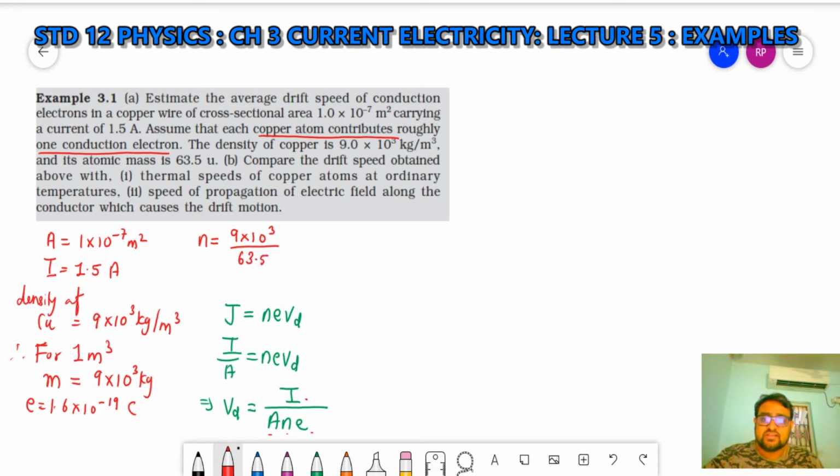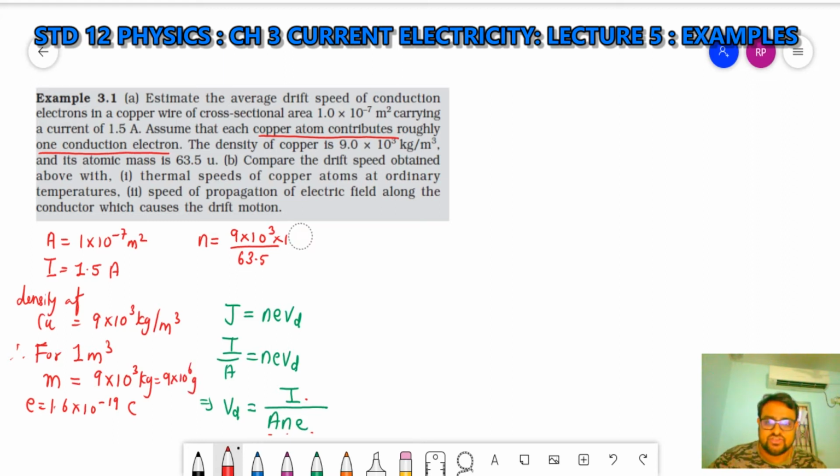Now see, the atomic mass is gram per mole, and here the density is kg per meter cube. So to convert kg into gram, I need to multiply again by 10 raised to 3. This will be equal to 9 into 10 raised to 6 gram, because 9 into 10 raised to 3 is in kg.